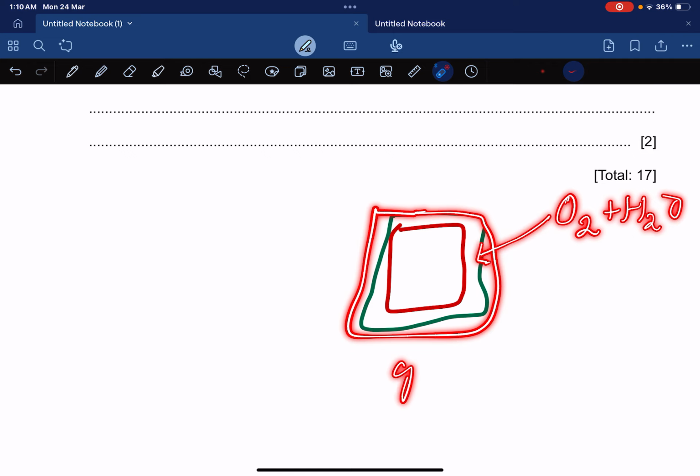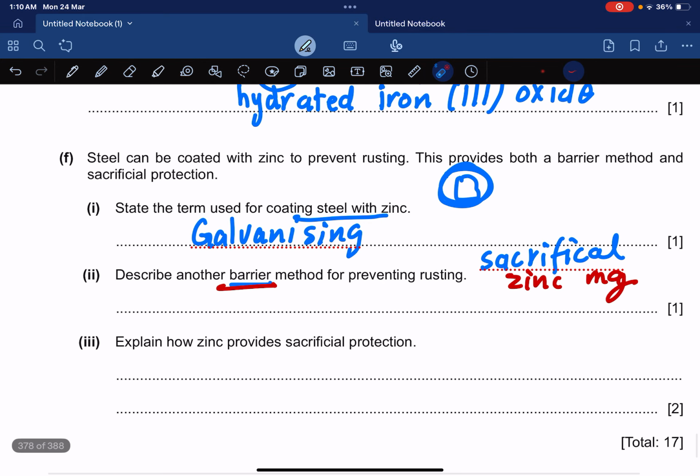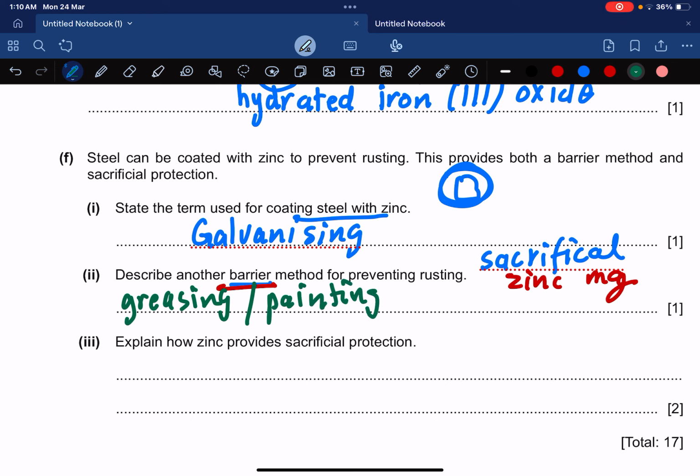So a barrier method can be greasing, painting, or coating with plastic. Plastic is also going to stop the exposure of air and water.